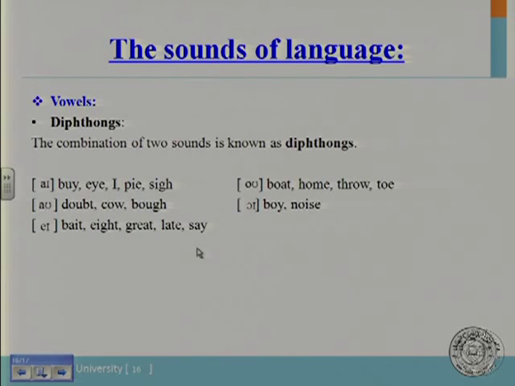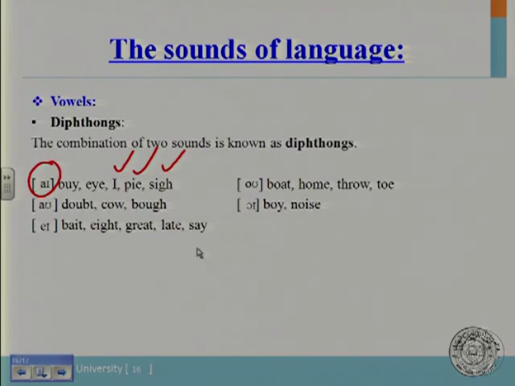For example, if I use two vowels like a and e, as in buy, pie, sigh. Here, it's not only one sound, it's a combination of two sounds, which is called a diphthong.